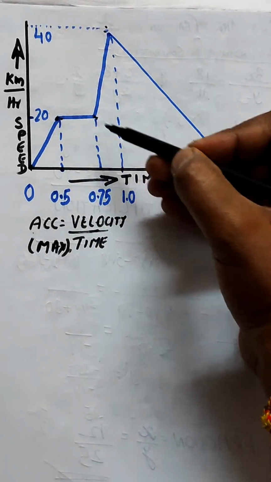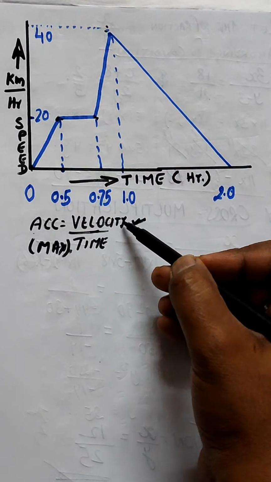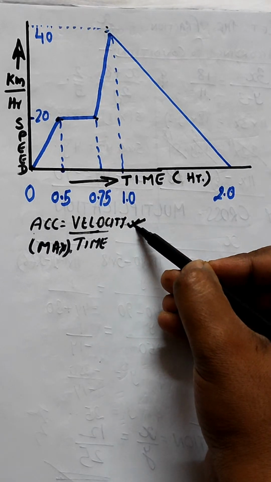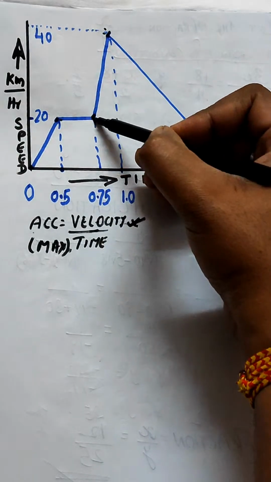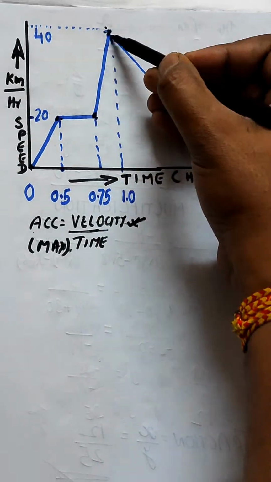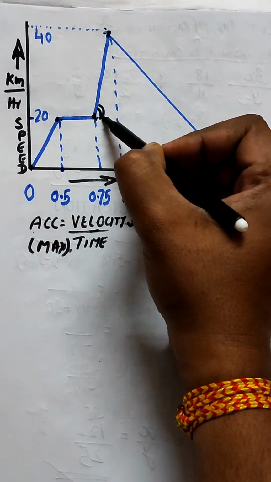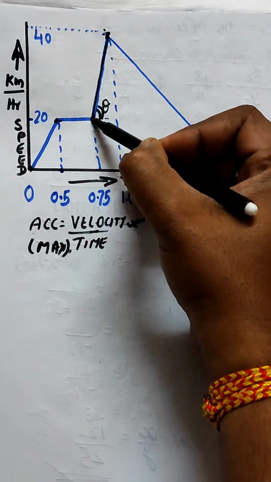So here you can see velocity is in the numerator, and when it will be maximum, that means the maximum slope, that means here you can see from 20 to 40, right? The maximum steepness you can see, the inclination over here is maximum. Here you can see this one, right?